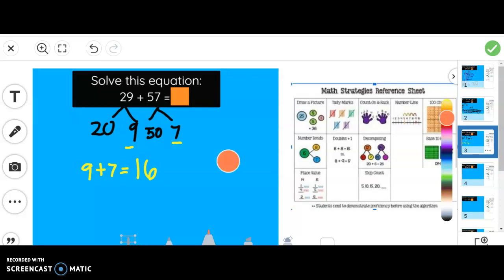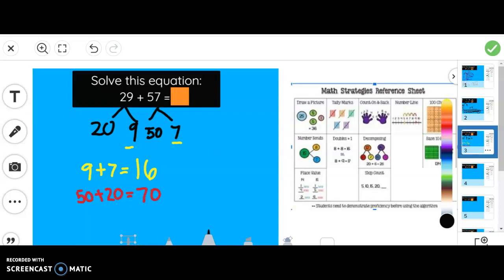Now I need to add my tens. I have 20 and 50. Start with 50 because it's a larger number, it's easier for me to work with. 50, 60, 70. This last step is super important. The last step is to add the 70 and the 16 back together.